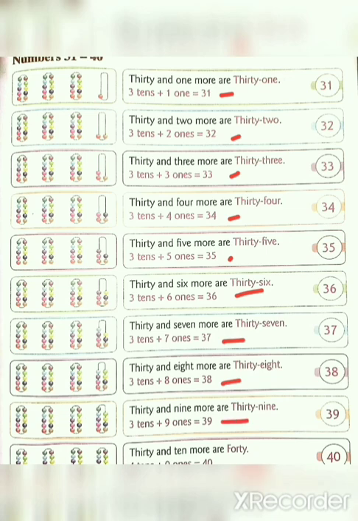And last, 4 tens plus 0 ones is equal to 40.